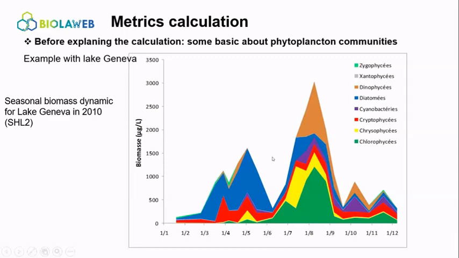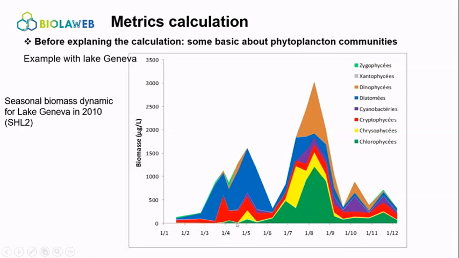This is, for instance, Lake Geneva in 2010, with the different months of a year from January to December. Every month we have a sample which has been taken. So we make the countings and the determination. And here you have a biomass.